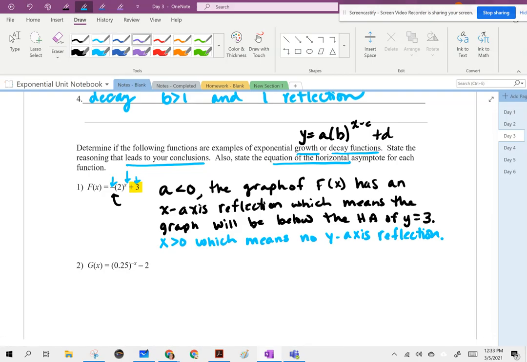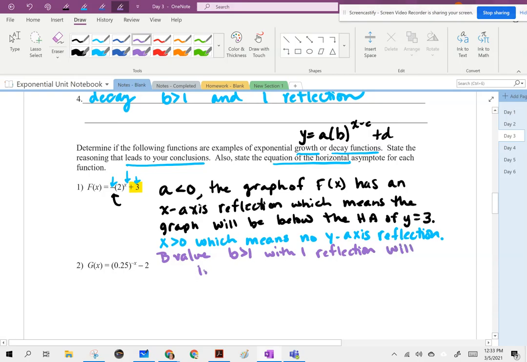The B value is greater than 1, which would normally be decay. I'm sorry, which would normally be growth. This means growth, but because there's only one reflection, it's going to end up being decay. The B value is greater than 1 with one reflection will indicate decay.